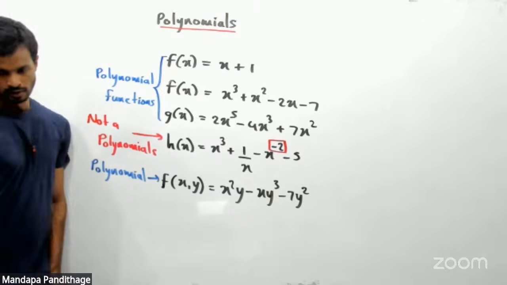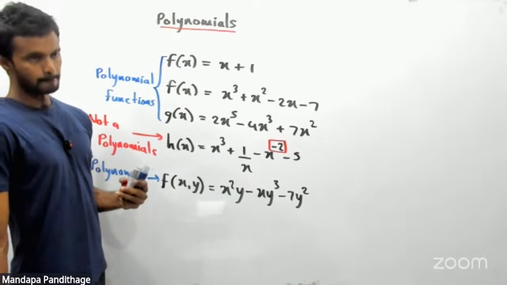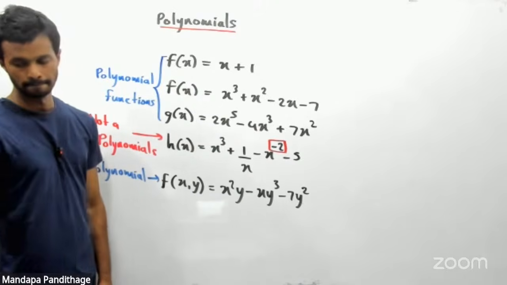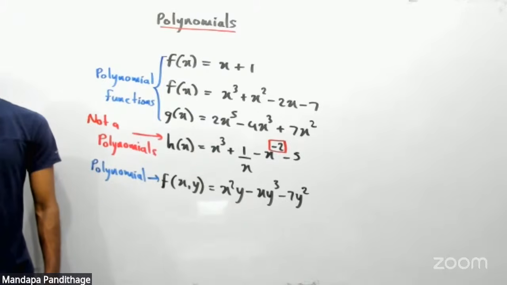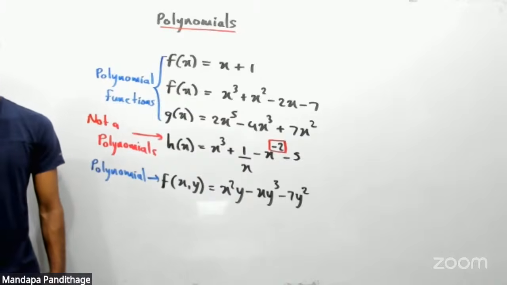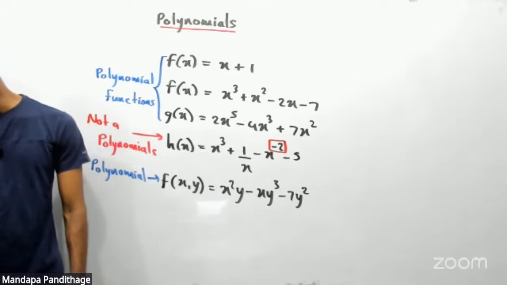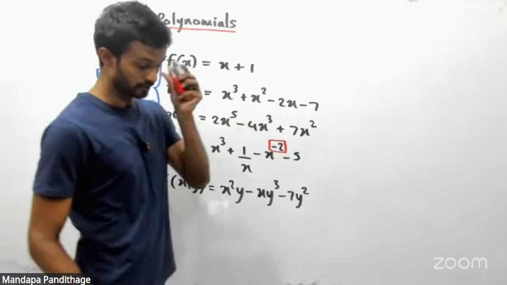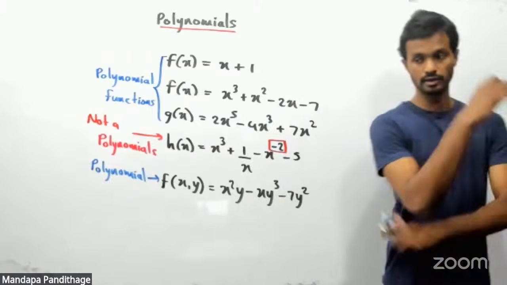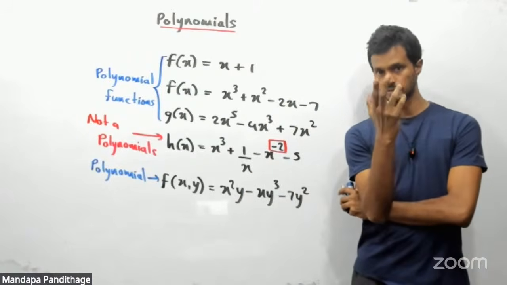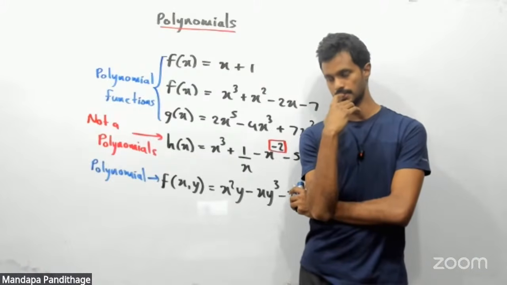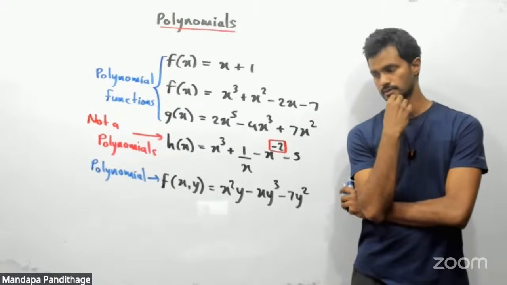Write this. A function only consisting of positive integral powers of the variable and constants is known as a polynomial function.